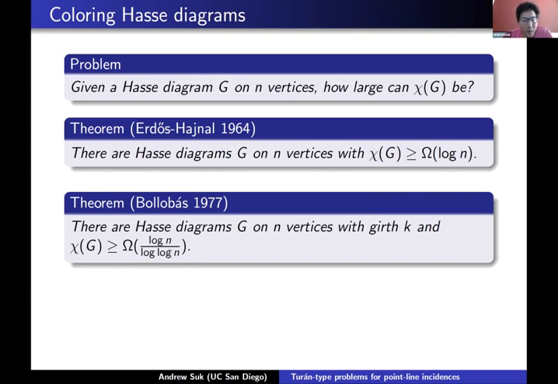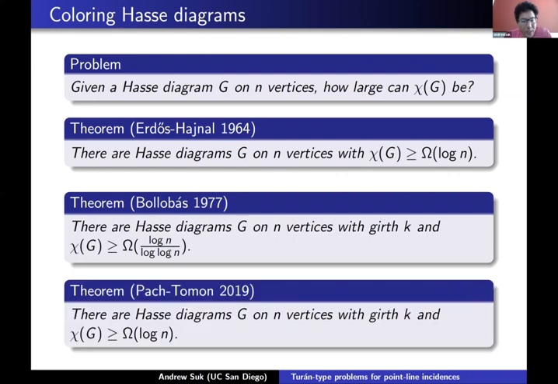And this lower bound here was recently improved by Pak and Tomon to log n. And actually for a while, these were the best known lower bounds for the chromatic number of Hasse diagrams. And based on these constructions, some people conjecture that the chromatic number of Hasse diagrams should be small. So something like polylog the number of vertices.